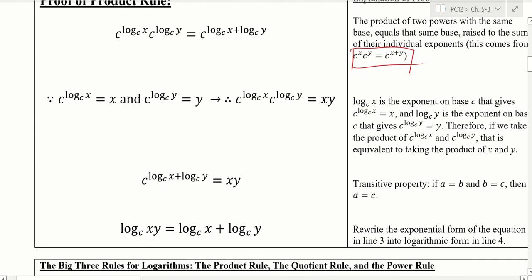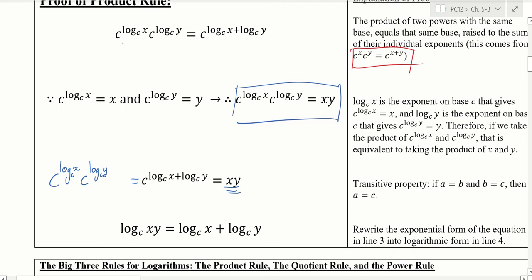So we could say that because c to the log base c of x times c to the log base c of y is equal to c to the log base c of x plus log base c of y, then it's also equal to x times y, as demonstrated here, right? So this is from the transitive property.